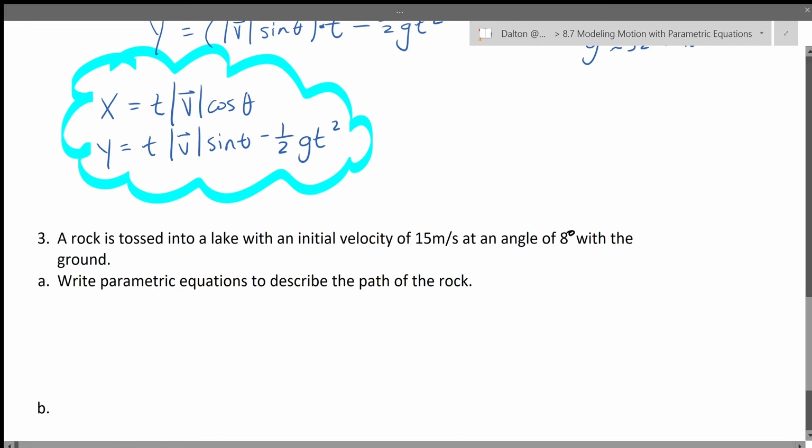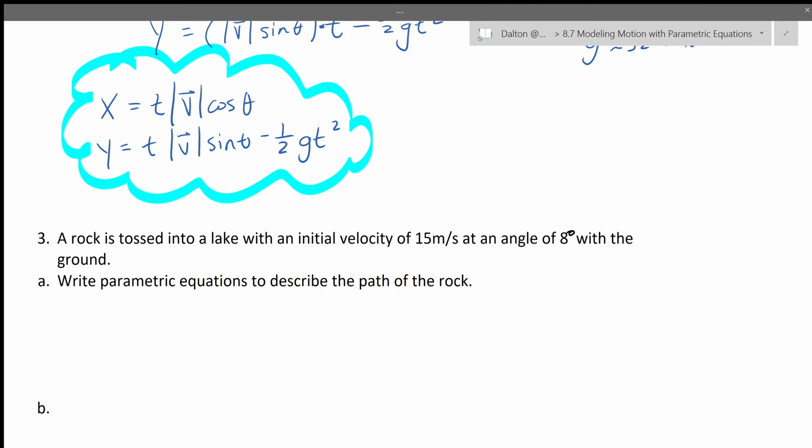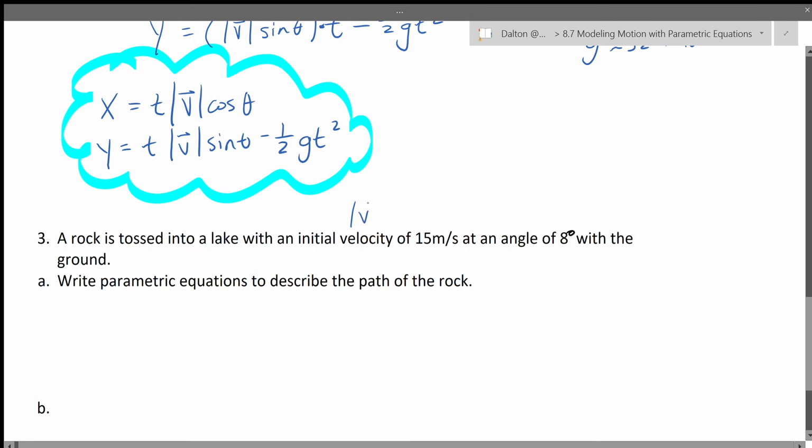So let's look at what we know. We know the initial velocity is 15 meters per second. So anytime we see this notation, the magnitude of that vector, that's going to be what our initial velocity is. And then obviously 8 degrees is going to be our angle. So for the x parametric equation, x is going to equal, I'll write the equation without substituting anything, t times the initial velocity in the horizontal direction.